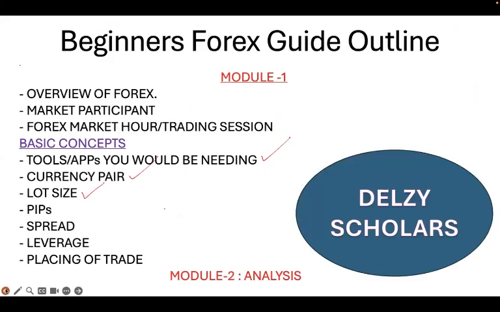So let's look at the last one, but not the least: placing of trades.